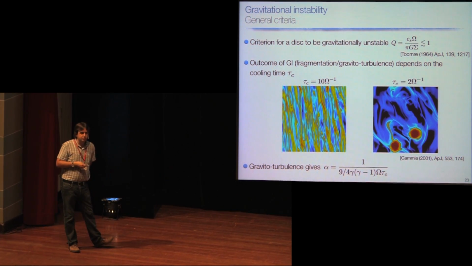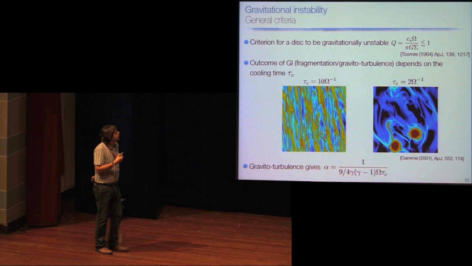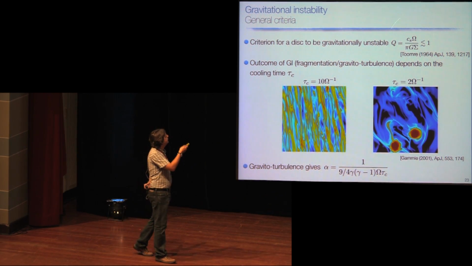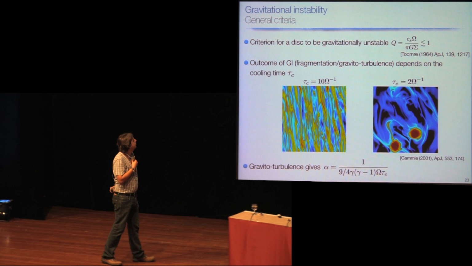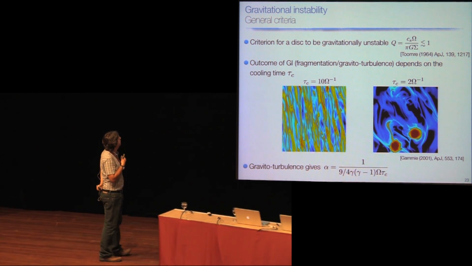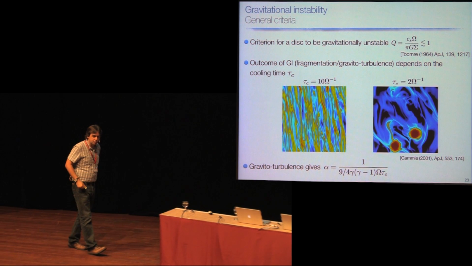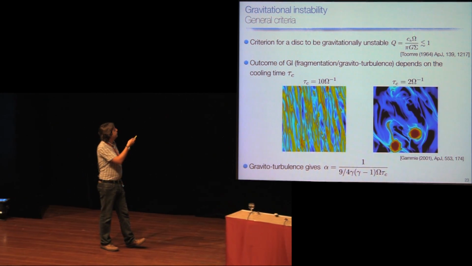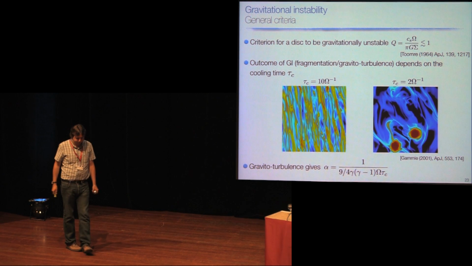As you know, the criterion for gravitational instabilities is given by this Q value, which was found by Toomre in 1964. Essentially, you become gravitationally unstable whenever Q is of the order of or smaller than 1.